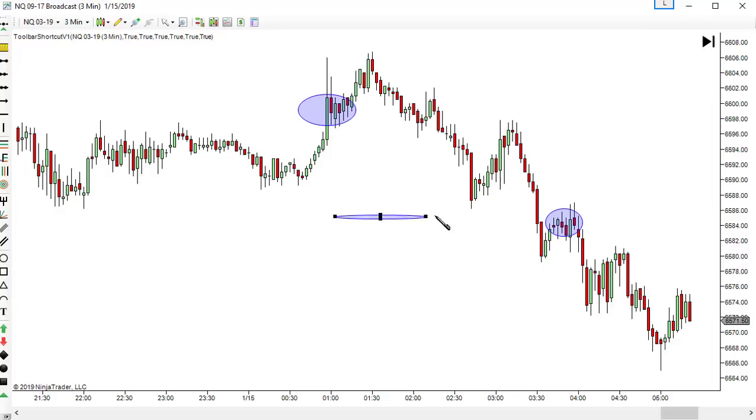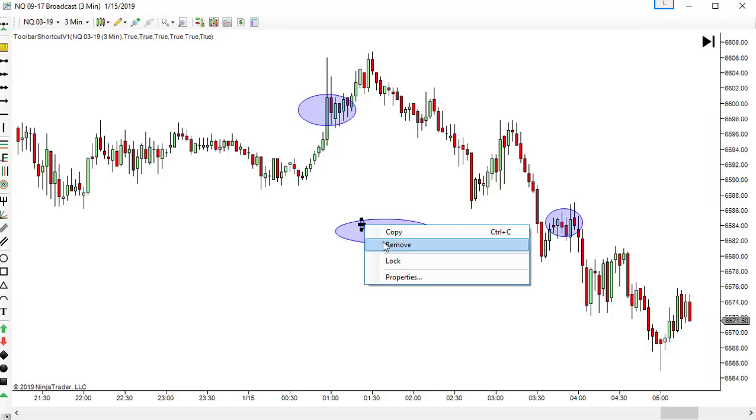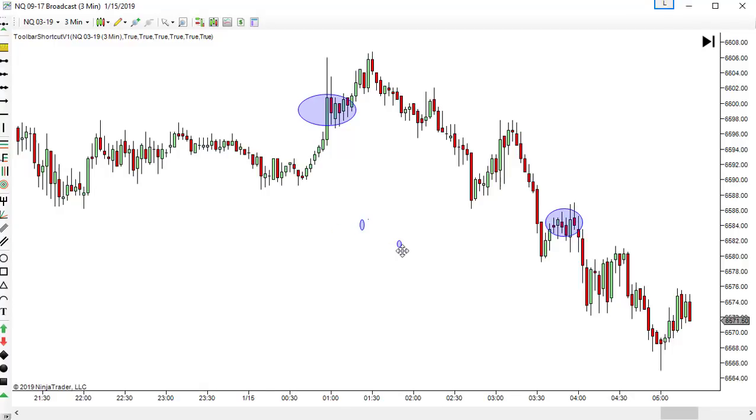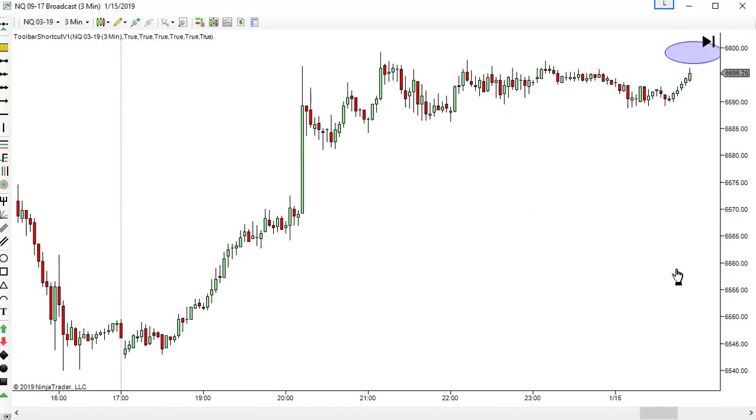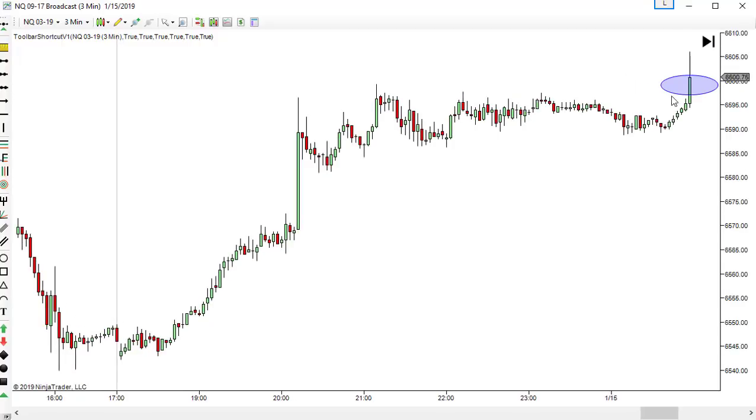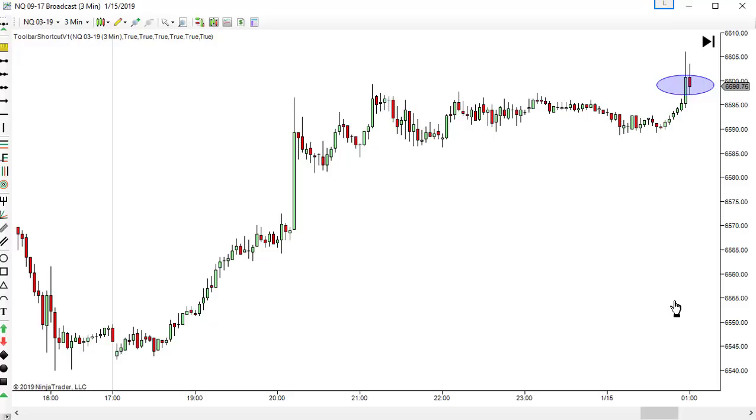So let's say the market goes up here. Let me just clear this out of the way. Sorry about that. Okay, so let's say we're right here, and this candle goes in, and then this red candle comes in.